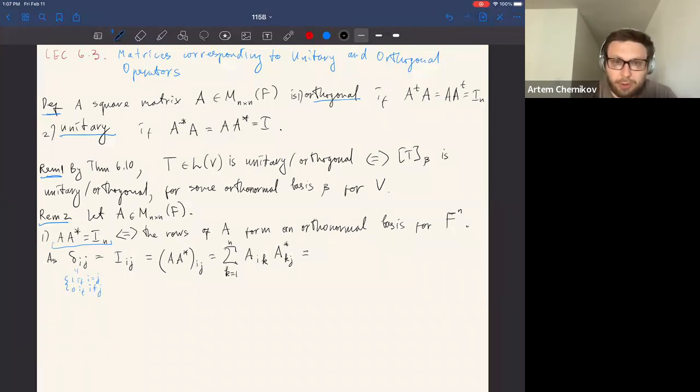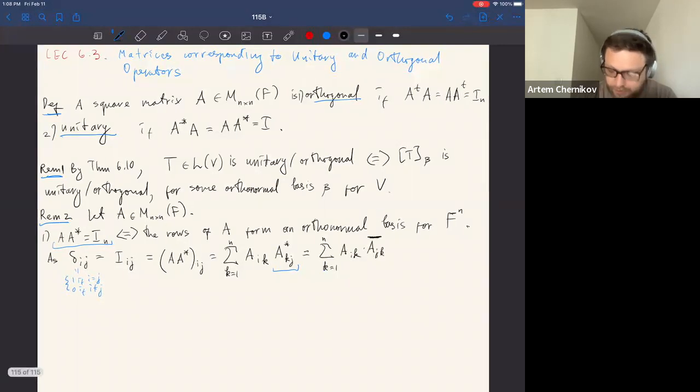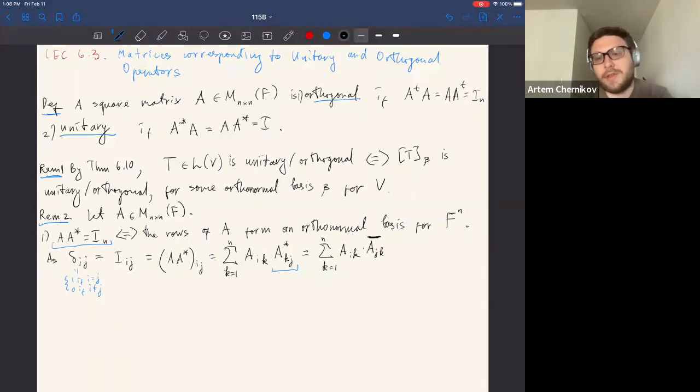Okay, but now we also know that the entries of the conjugate transpose can be written explicitly. So this is given by the sum over all k from 1 to n, a_ik remains unchanged. And here we have the conjugate of a_jk, this corresponds to taking the transposition, and we take the complex conjugate. Okay, this gives us the corresponding entry of the matrix A star. Okay, so we have that this holds.